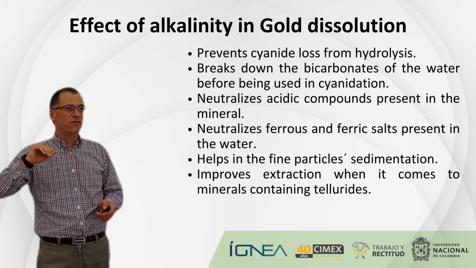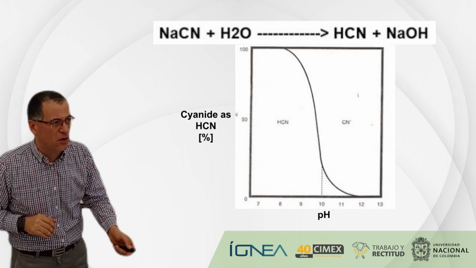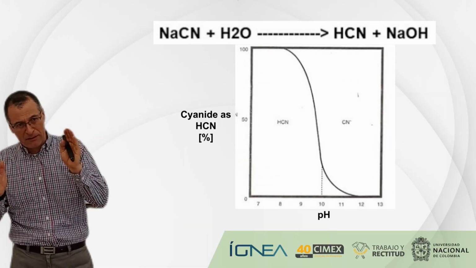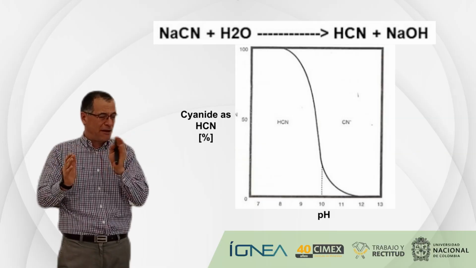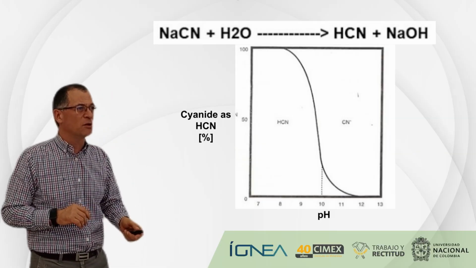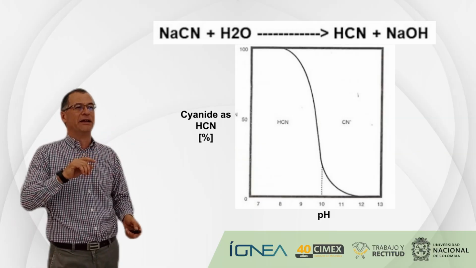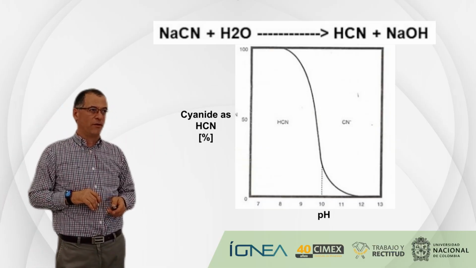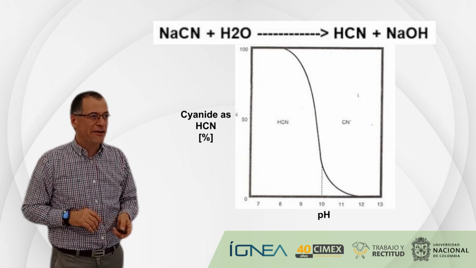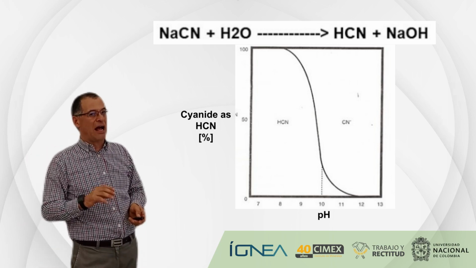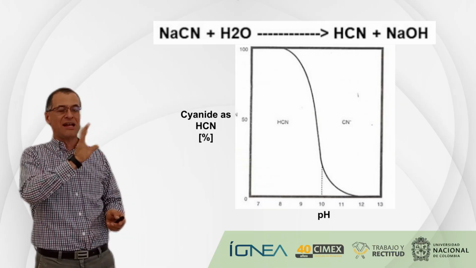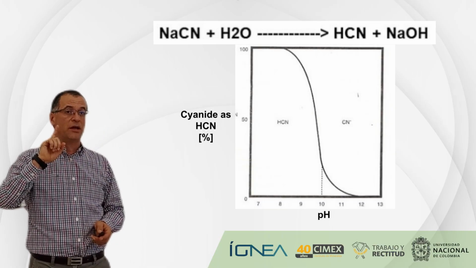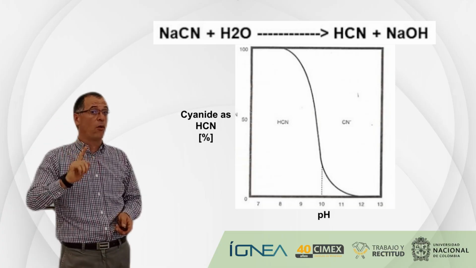And it's necessary to define these characteristics because when you work at a pH lower than 11, it's possible to create a reaction that breaks down the cyanide molecule and creates cyanide acid. Cyanide acid is a very dangerous poison, and you need to avoid that.